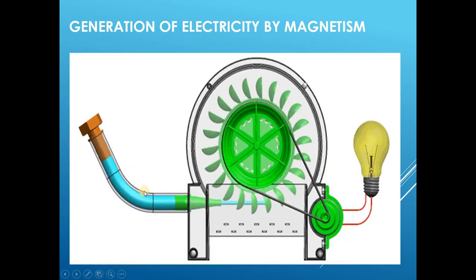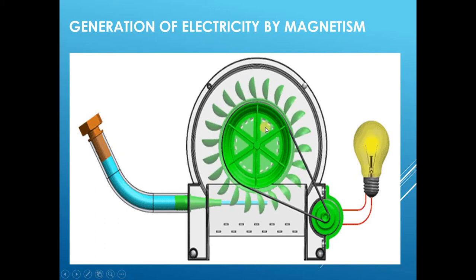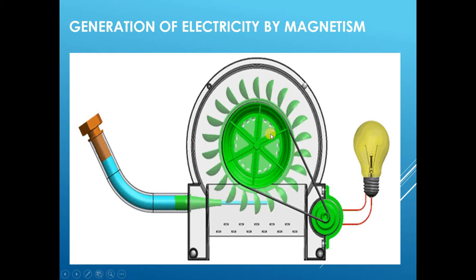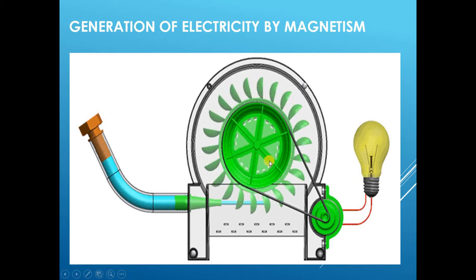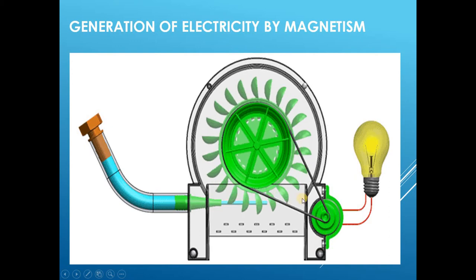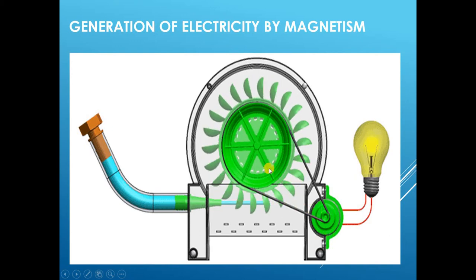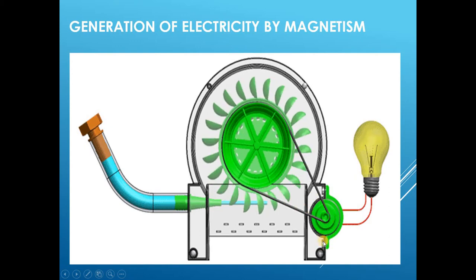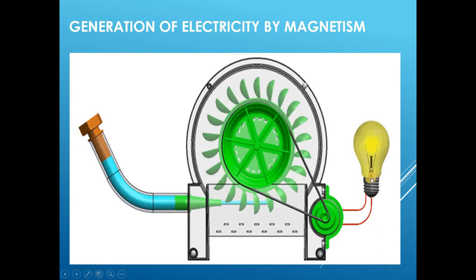Likewise, hydro pressure is moving the main prime mover, which is directly hooked to the electrical loops placed inside the magnetic field, and it is moving and electricity is being produced.